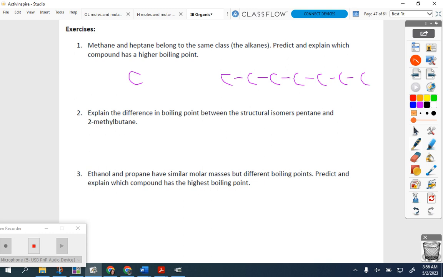I've got more bonds, more potential electrons total to move around, and so that's going to give me stronger dispersion forces, higher probability of a temporary dipole, higher probability of a stronger temporary dipole, higher probability that that's going to last a little bit longer and be able to affect molecules next to it, so it's going to be more likely to stick together. Yes?